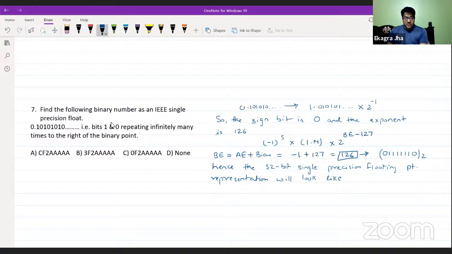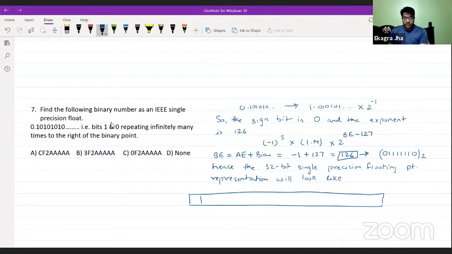So let's have this representation over here. One bit is reserved for sign, 8 bits are reserved for biased exponent, and the remaining is for the significand or the mantissa. So sign here is 0 because the value is positive. This is 1 bit.